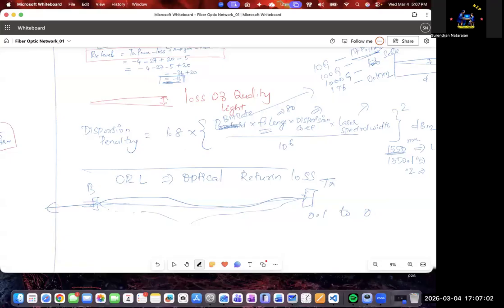Dispersion overall penalty is 0.1 to 0.5. So you need to accommodate this as well in your loss.